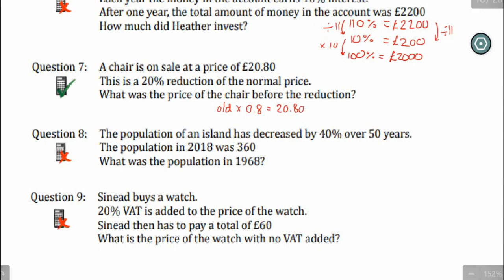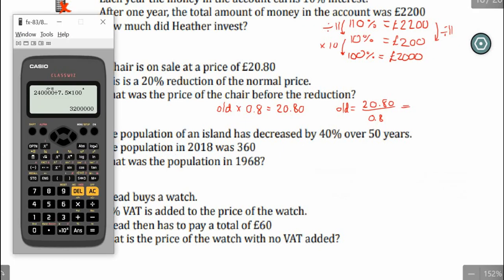So to reverse that, I'll do a division. Do 20.8 divided by 0.8. £26.